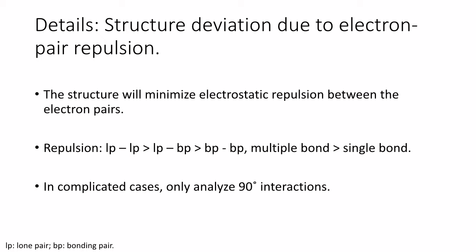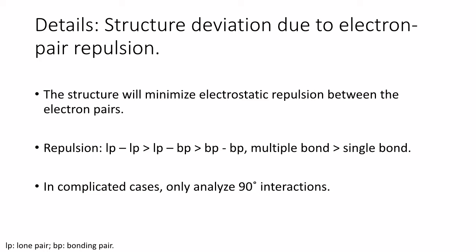So following that analysis, you come to the conclusion that lone pair repulsion is the strongest, followed by lone pair and bonding pair, followed by bonding pair and bonding pair. And if you have multiple bonds, the repulsion from a multiple bond is going to be greater than that from a single bond.